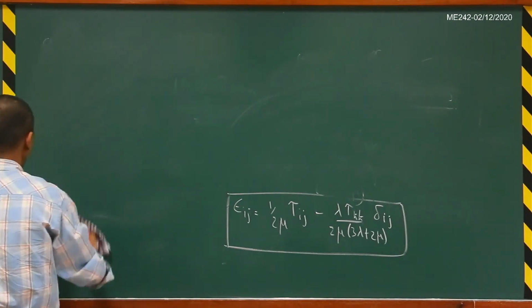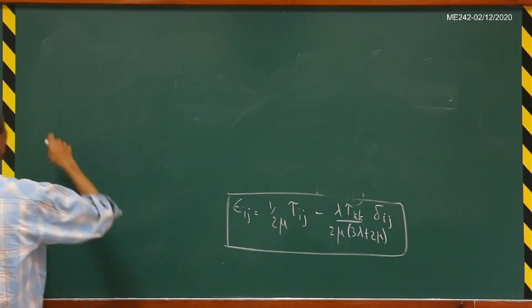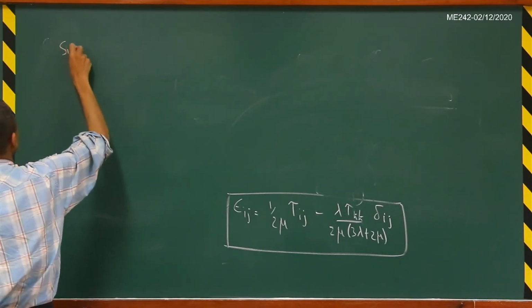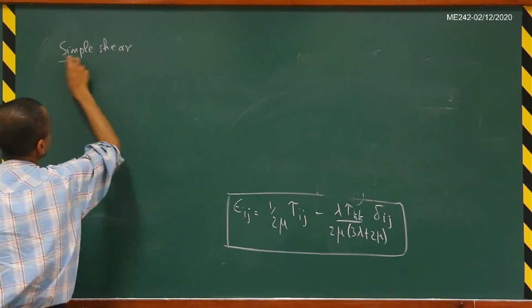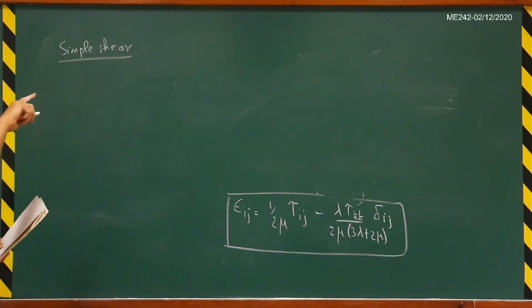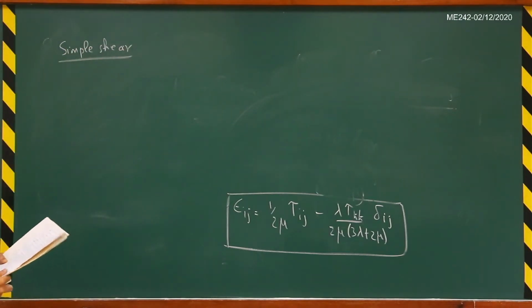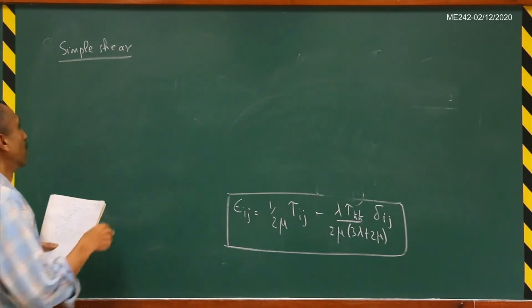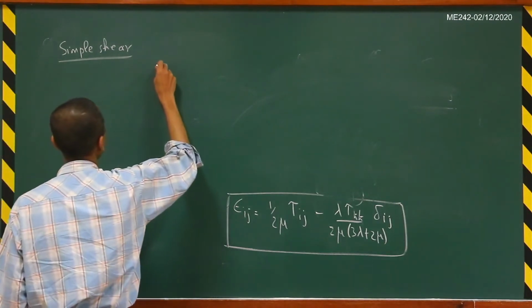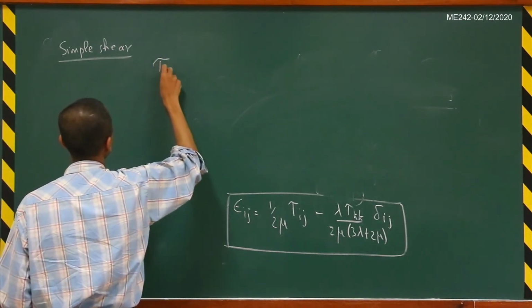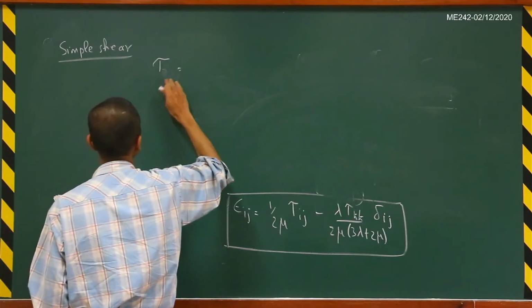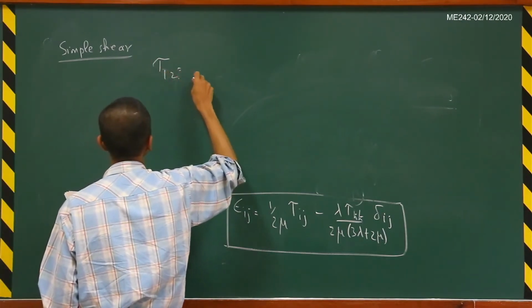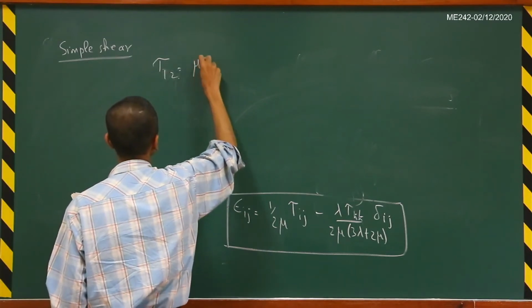Yes, so suppose I have simple shear now. This we have already looked at when we were dealing with the chapter on kinematics. We already saw that, right? And so now you will get that tau 1, 2 will be equal to mu times gamma 1, 2.